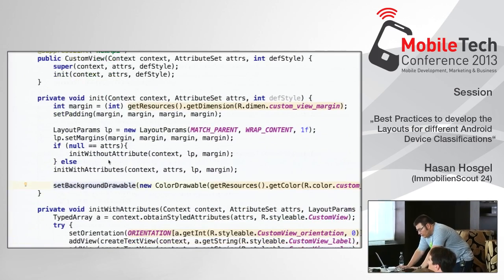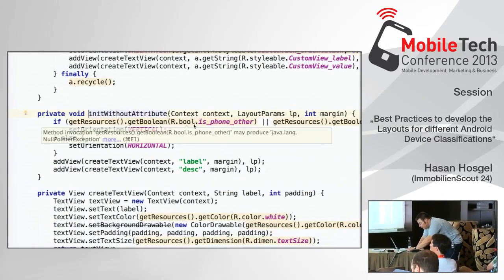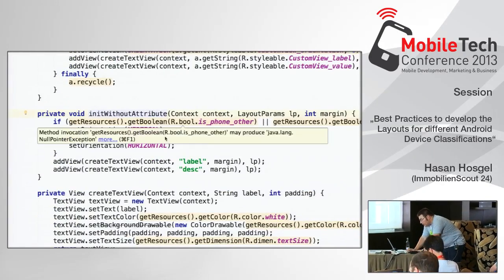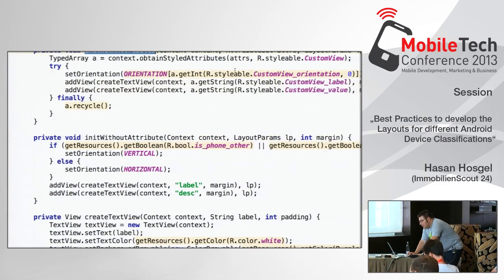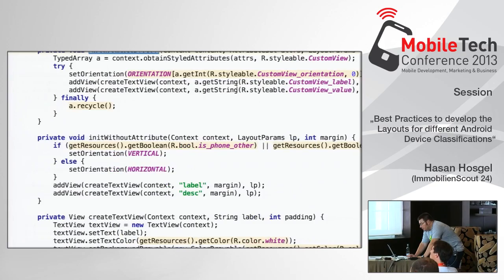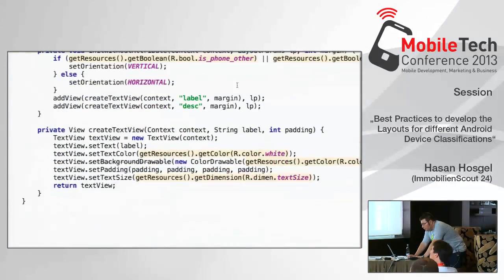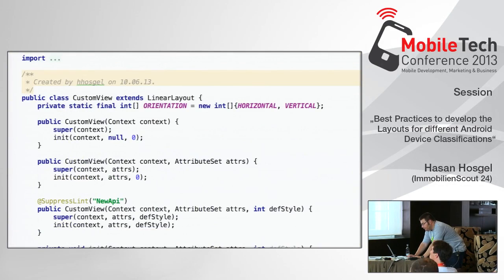Then we can read with attributes. No, init with attributes. There you can see we get the orientation through the typed array, and also get the label and the value from the attribute, and can put it automatically into the views which we create in the create text view.